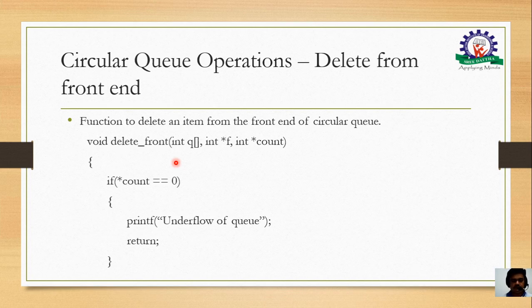As usual I will go for the first step of checking whether the queue is underflow or not. I will check if count points to 0, then it is underflow. If count points to Q size, it means it is overflow. Since I am deleting from the front end, I should have at least one element. Suppose count points to 0, it means nothing is available in the queue, I can't delete.